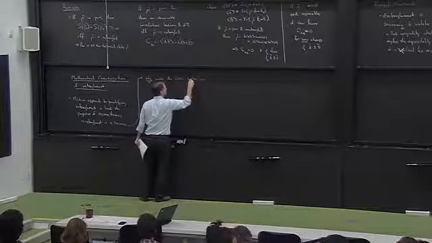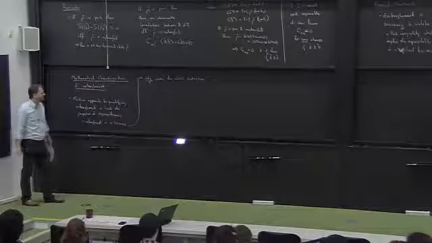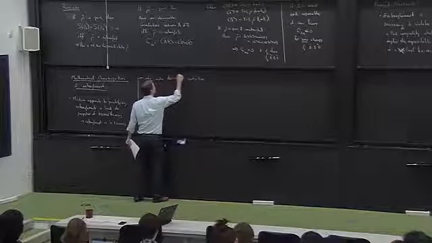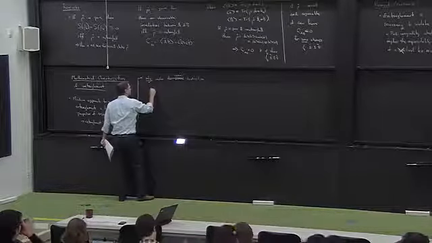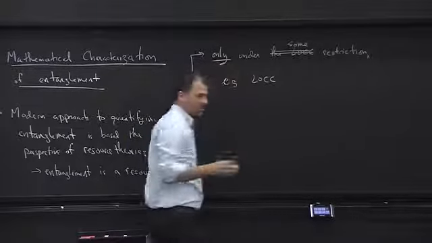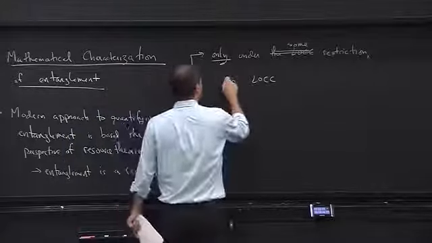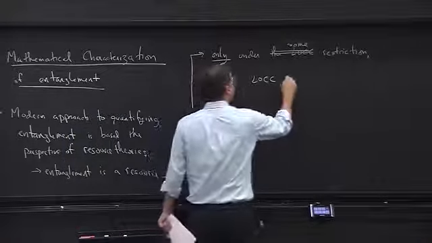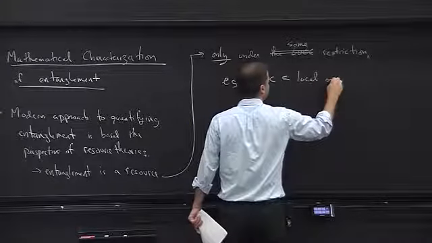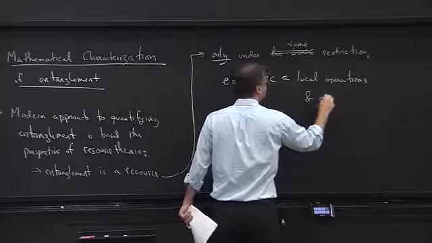It could be other restrictions. Only under some restriction. For example, LOCC, because there's also SLOCC and things like that, right? So LOCC, which means local operations and classical communication.